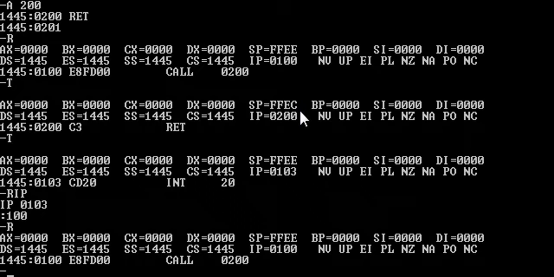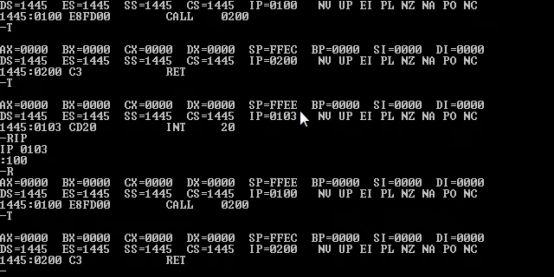I'm going to show you again. I'm going to run through it again. Trace. And now instead of returning, I'm going to dump 2 bytes, and I'm telling you right now that those 2 bytes amount to the number 103.